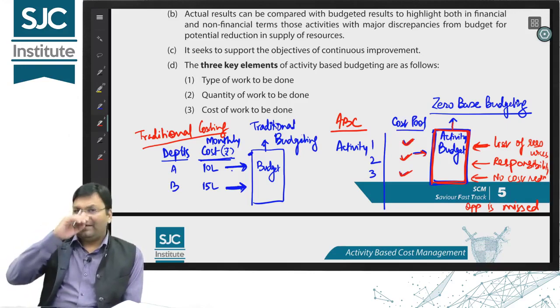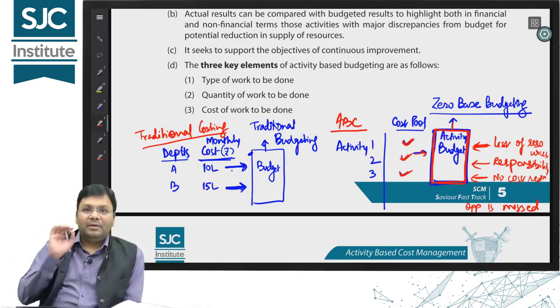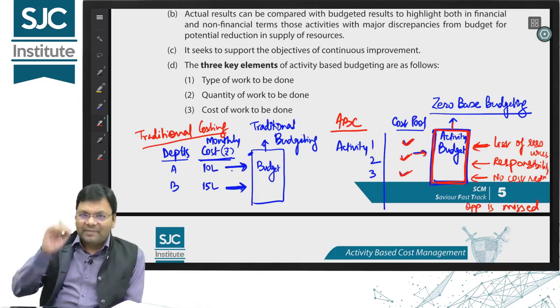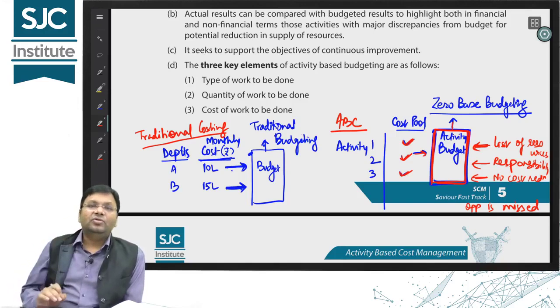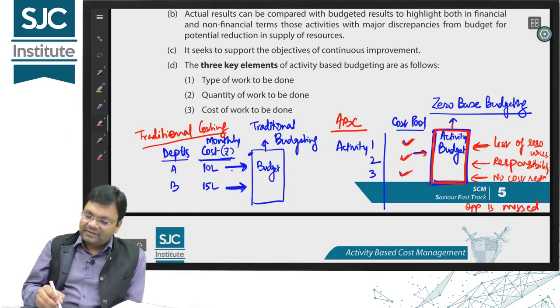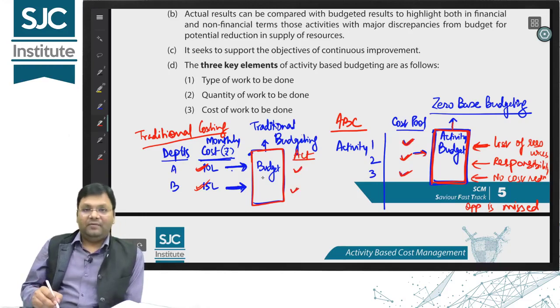Okay, so activity based budgeting, or rather I will first say, any budgeting exercise is also used for performance evaluation. How do we use it for performance evaluation here? Say if I know the budget of these departments and I have asked my department managers to execute their responsibilities within this budget, I can always take the actual details at the end of the period and compare them with the budget, whether they are within the budget or exceeding the budget.